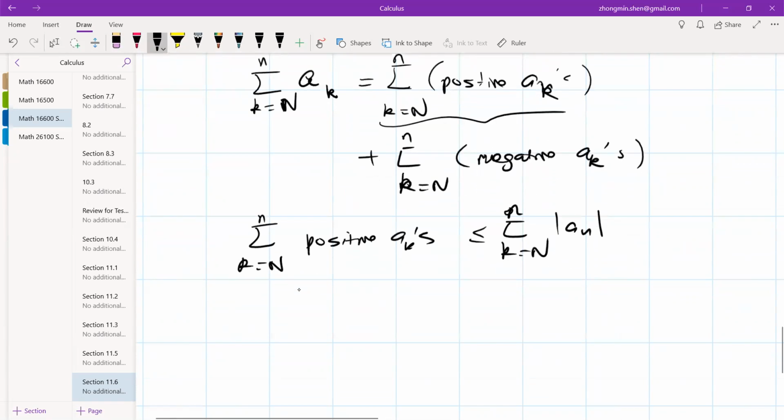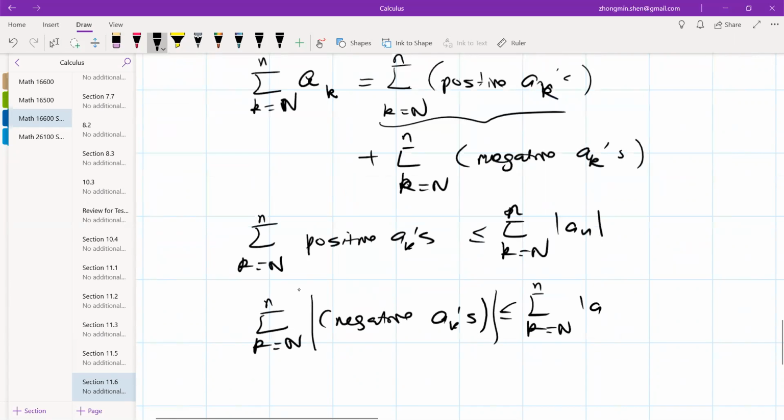So the negative terms: if you take a negative sign out, then you only have a portion of that. If I put the absolute value of these negative terms, they are still less than or equal to that.